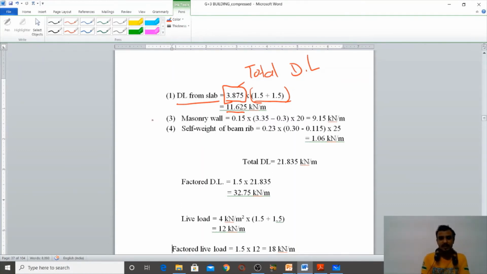Second, the masonry wall. For the masonry wall we need the thickness of the wall. 0.150 is the thickness of the wall, which means a 150 mm thick wall. So the masonry wall is 0.150 into 3.35 minus 0.3.